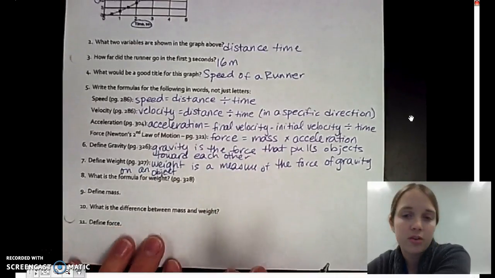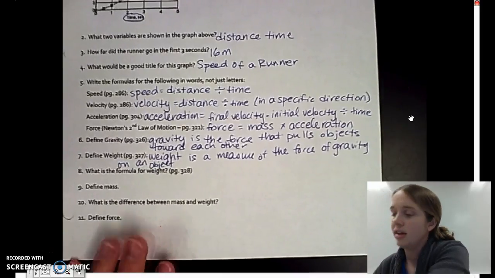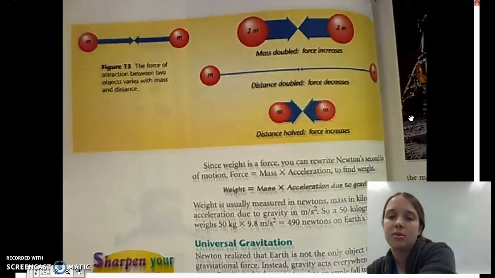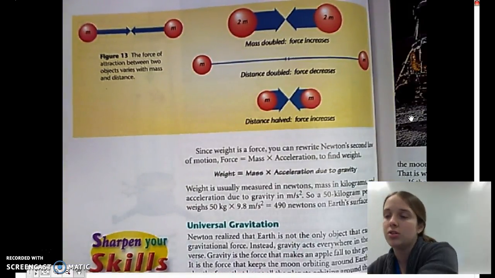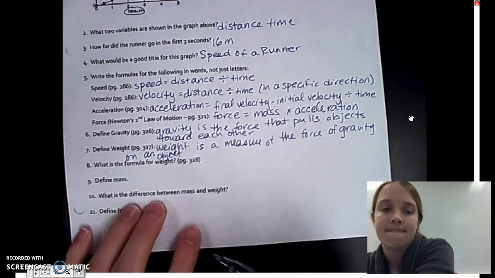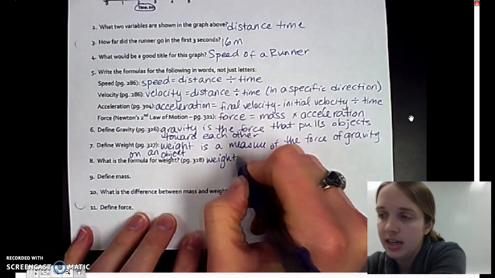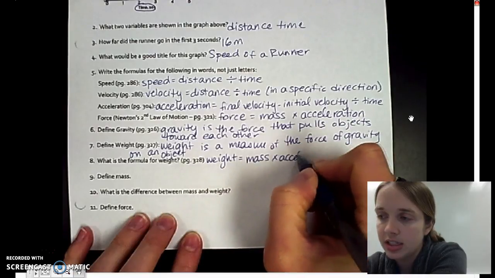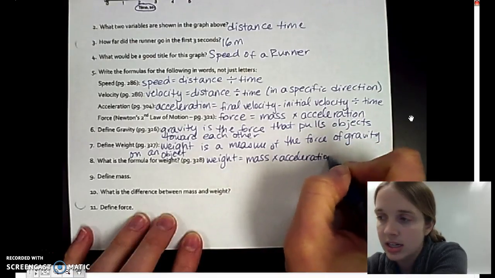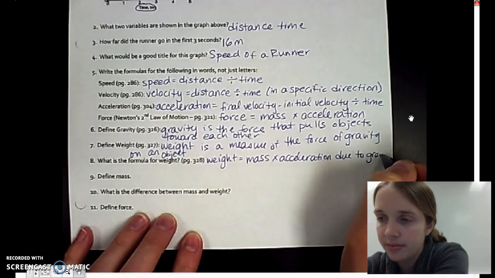Okay, and our formula for weight, we find on page 328, that's the following page over here: weight equals mass times acceleration due to gravity.